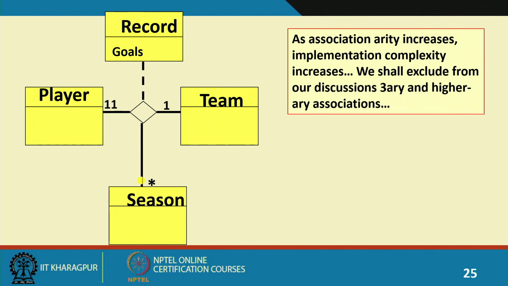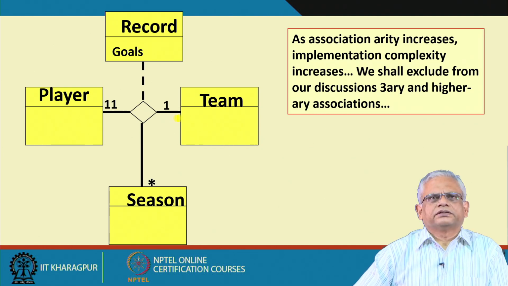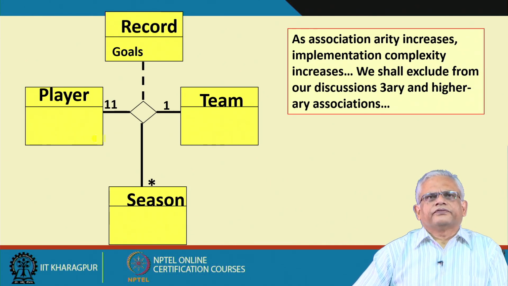But of course, the players for different seasons may vary. For the same team, maybe different players play in different seasons. But given a team and a set of players that play there, for the different seasons, we have different records of goals against and for that team. We would like to maintain that.